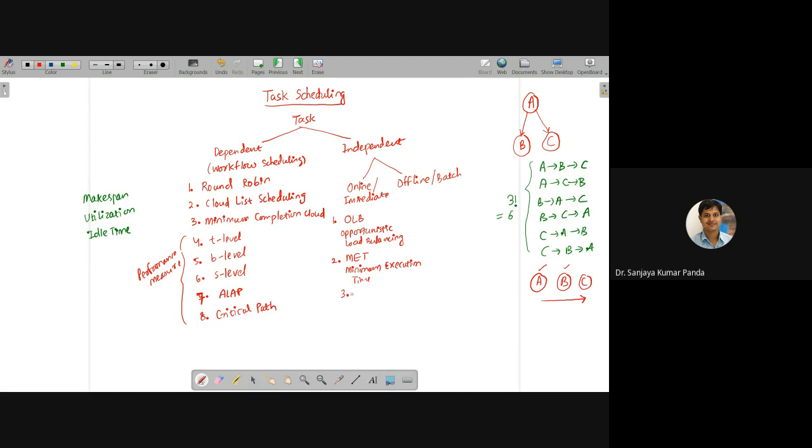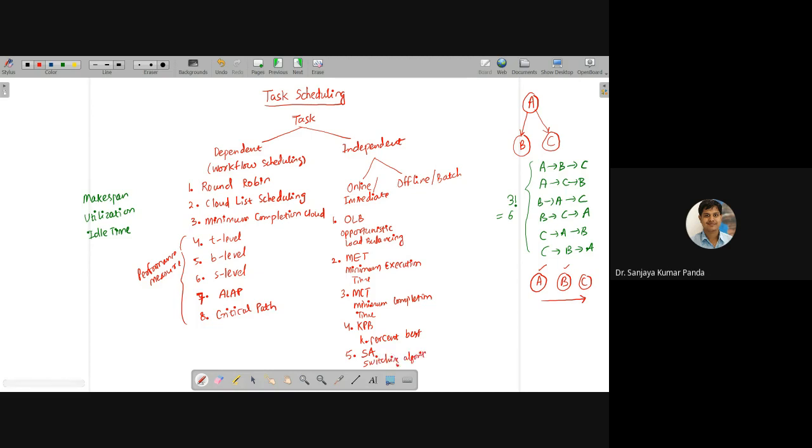The third one is called MCT, that is minimum completion time. The fourth one is called KPB, that is K percent based. And finally, the fifth algorithm is called SA, that is the switching algorithm.